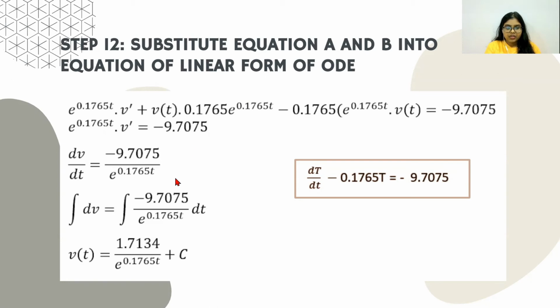In order to get v(t), we have to integrate it. After integrating, we will get 1.7134 divided by e to the power of 0.1765t plus c.